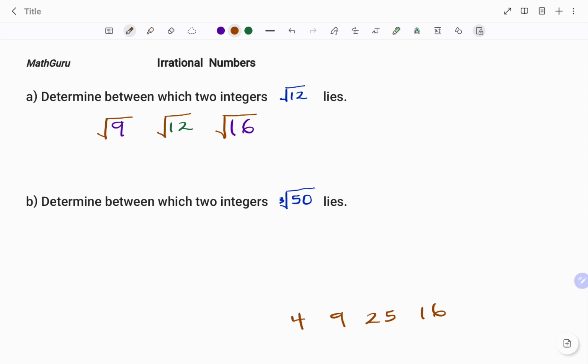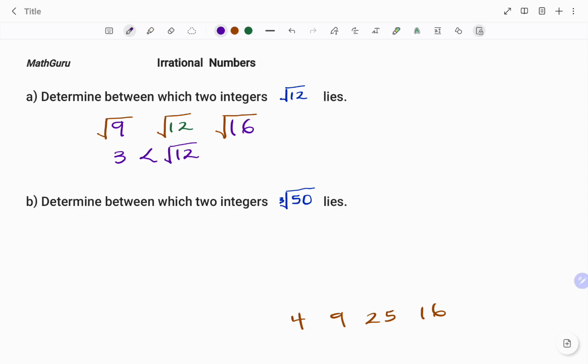Because 9 is a perfect square and 16 is a perfect square, I'm going to have 3, because 3 times 3 will make 9, so the square root of 9 is 3, which is a number less than the root of 12. I'm going to leave my root of 12 as it is because it's an irrational number.